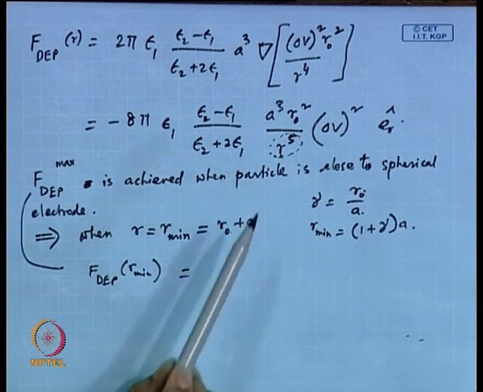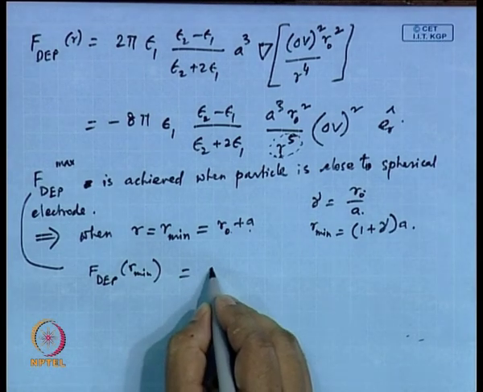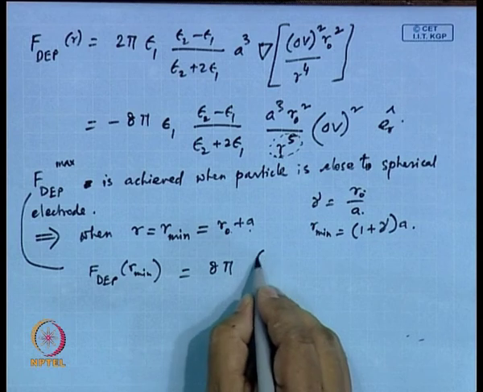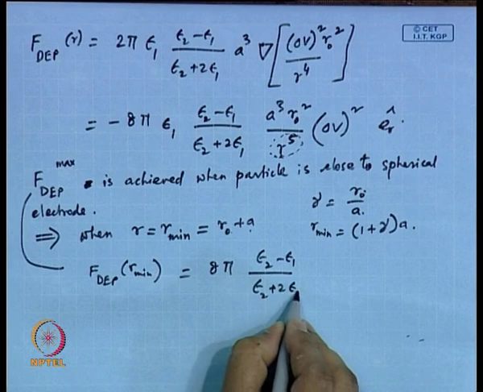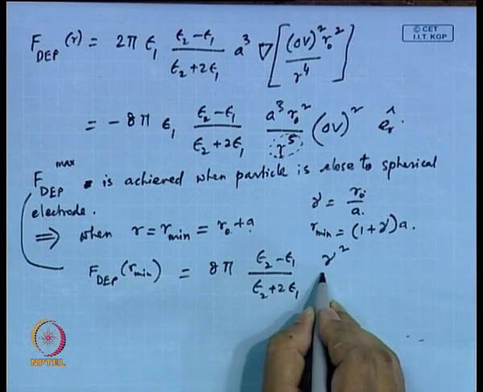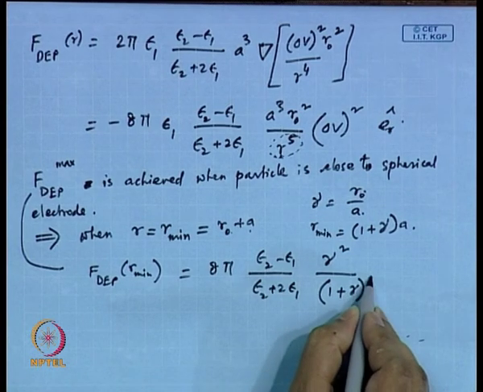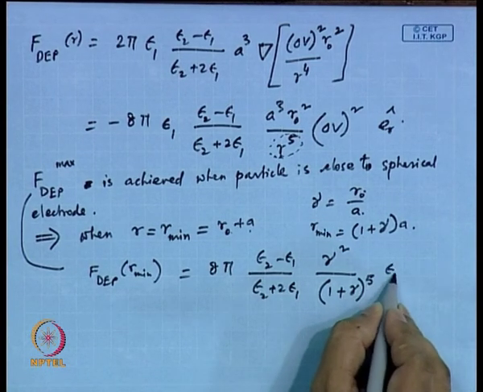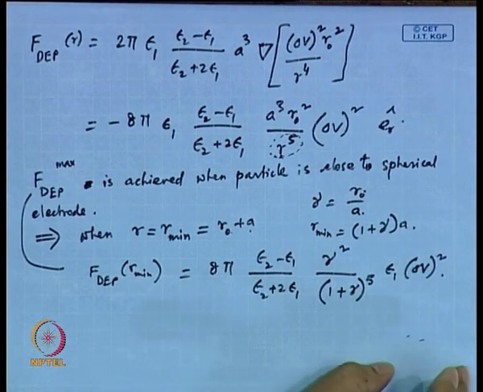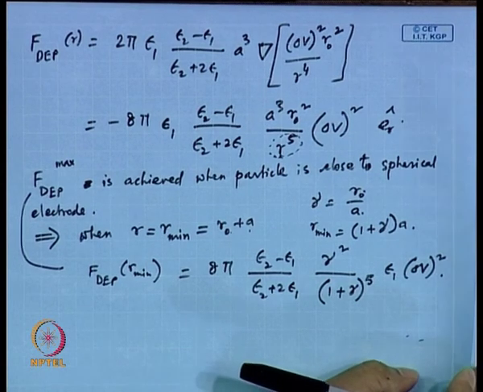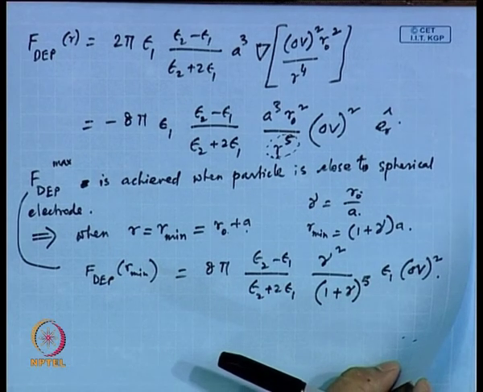If you simplify this further, it would be 8 pi epsilon 1 into epsilon 2 minus epsilon 1 by epsilon 2 plus 2 epsilon 1, gamma squared by 1 plus gamma to the power 5, into epsilon 1 into delta V squared. All right. So, this is the final FDEP max that is possible.